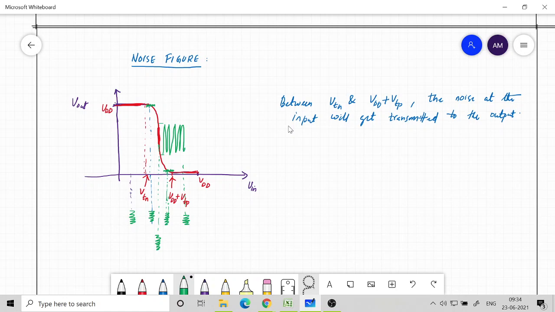Input is varying only a little, but output is varying too much in that region, because of slight variation here in amplitude. If you look from here to here, this is the variation we are talking about. So input is varying only this much, but correspondingly the output is varying too much.